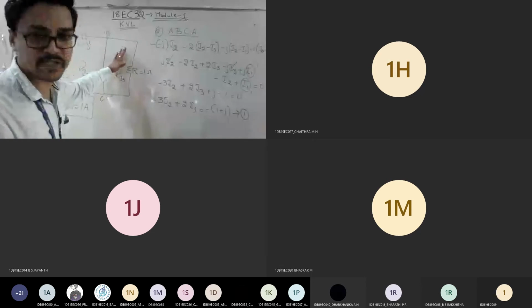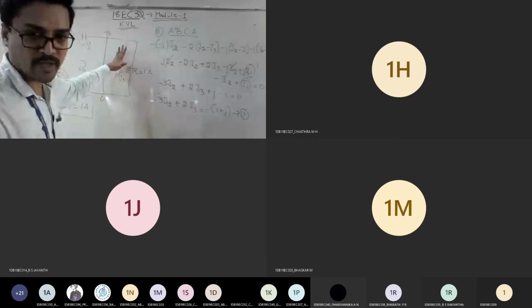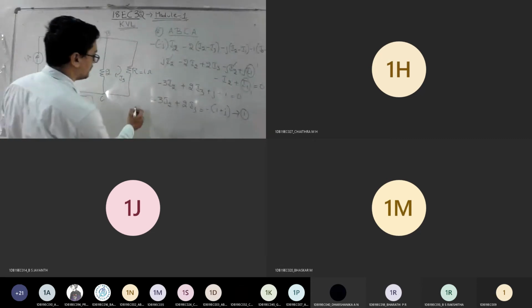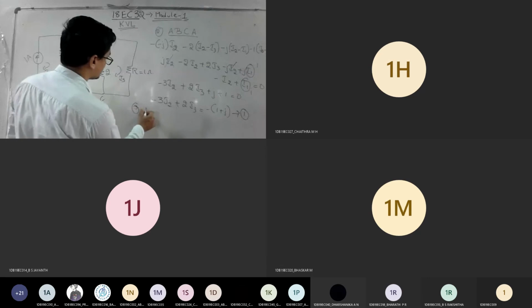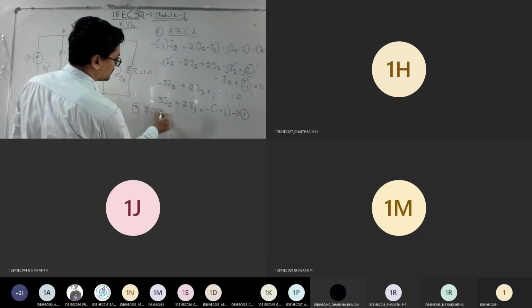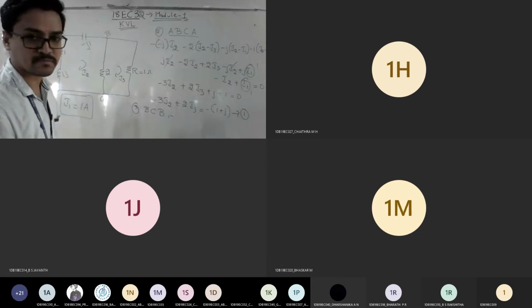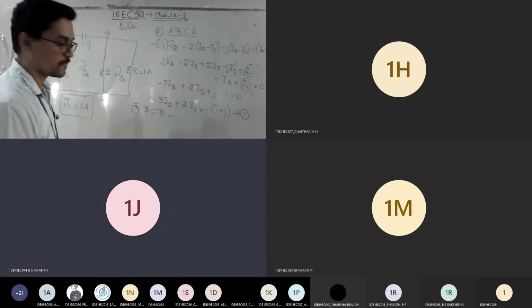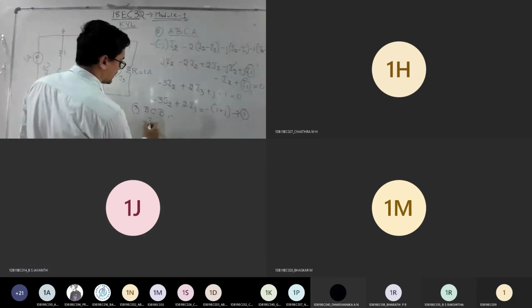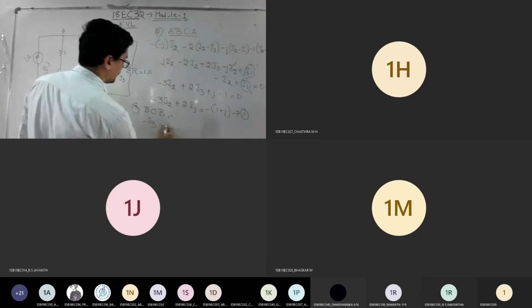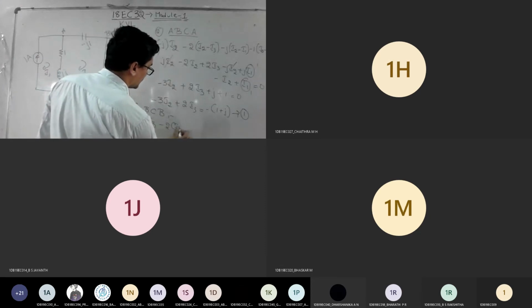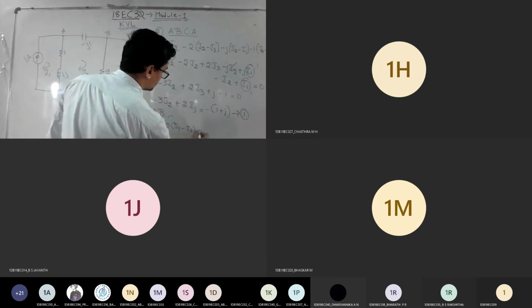So we want one more equation to solve two unknowns, right? So apply mesh analysis for your mesh 3. So naming is B, C, B. Equation: minus I3 minus 2 I3 minus I2 equal to 0.